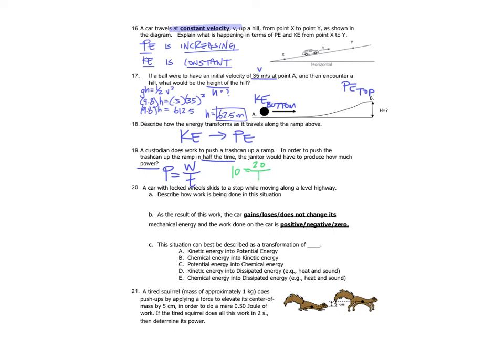So I know that 20 divided by 1 does not equal 10. So when I decrease my time by half, look what happens to the power. It started off at 10 and now it's 20. So when my time is decreased by half, my power is doubled. My power becomes doubled.